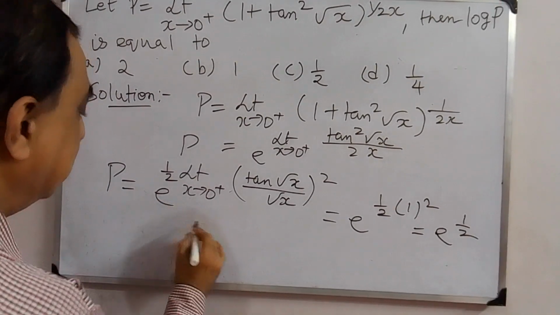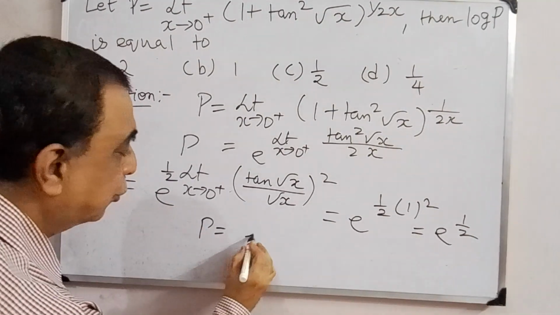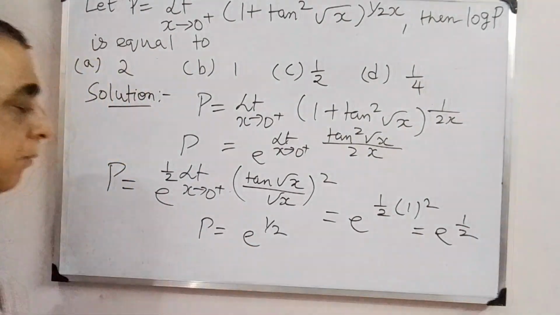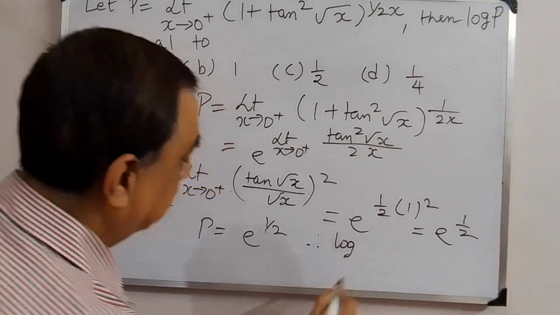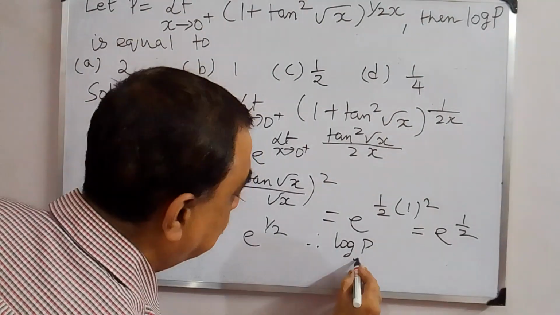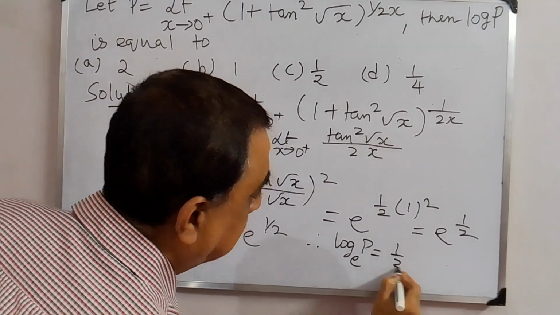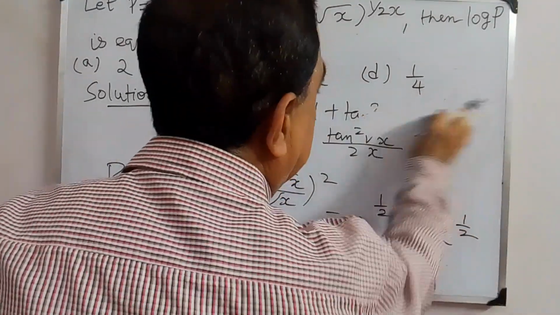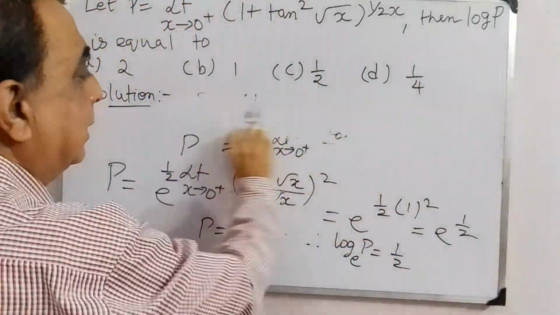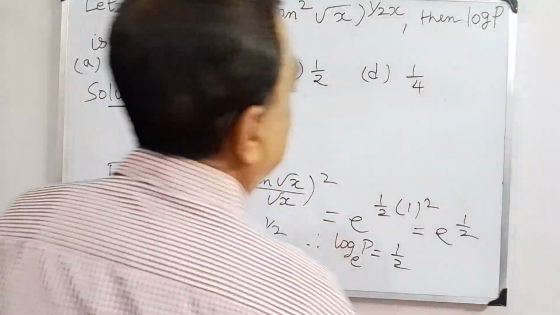So we are getting p is equal to e to the power half. Therefore log p will become half, because this is the definition of log.